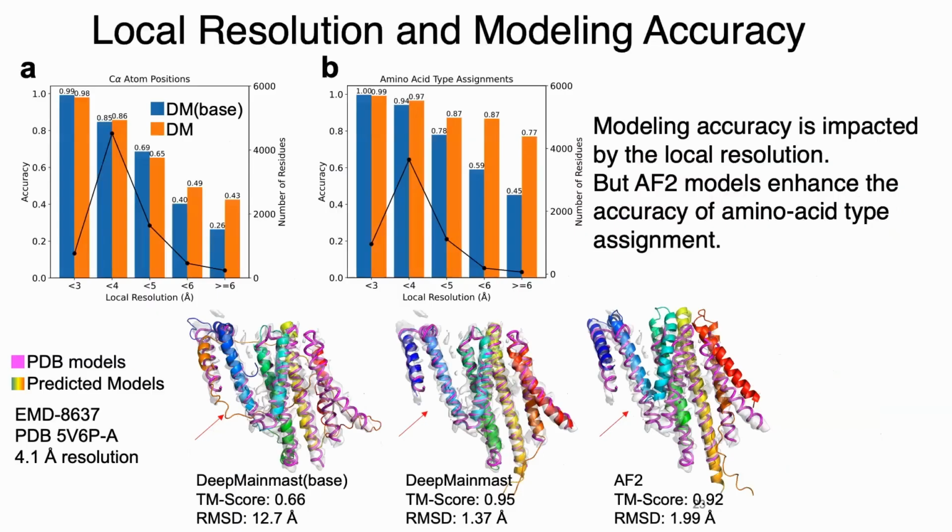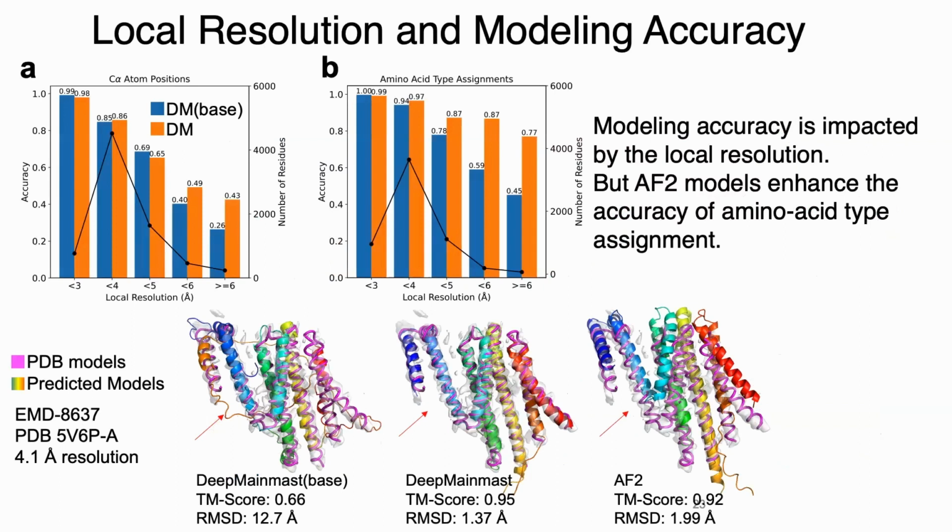Then related to the previous questions, about local resolutions: if the resolution is low, how does it look? So for DeepMainmast base and DeepMainmast, in both methods, we compare with the local resolution on the x-axis, and on the y-axis the accuracy of the modeling, the Cα position assignment.